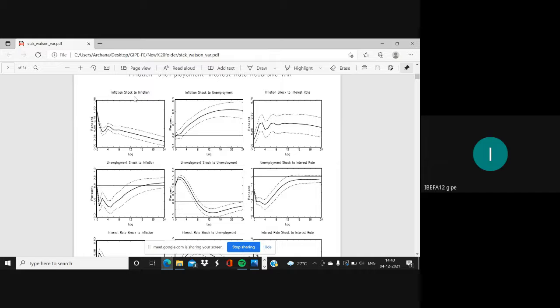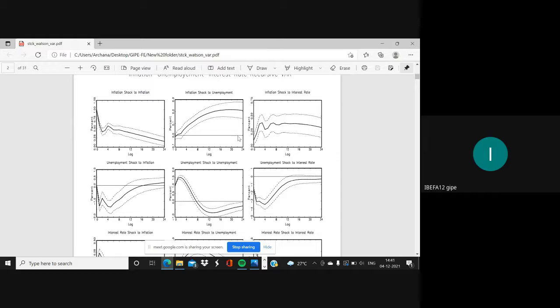Here you're seeing a shock to inflation itself, meaning a unit change in epsilon yt, and then we are seeing the impact of that shock on inflation, our yt variable. So you're seeing the percentage change in inflation in response to a single shock, and how inflation responds over several time periods.